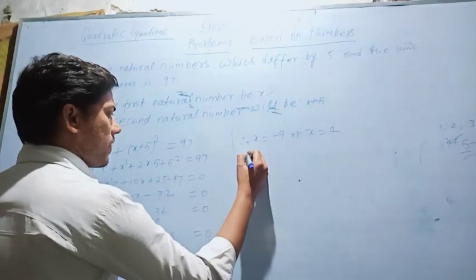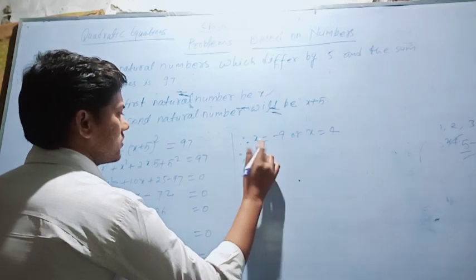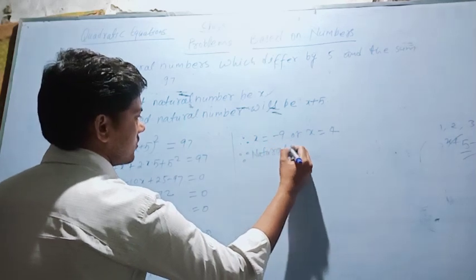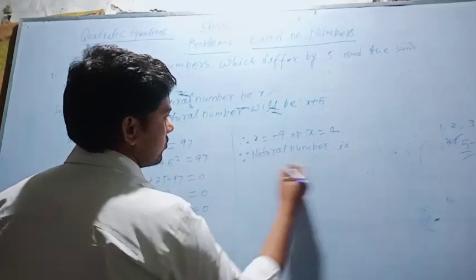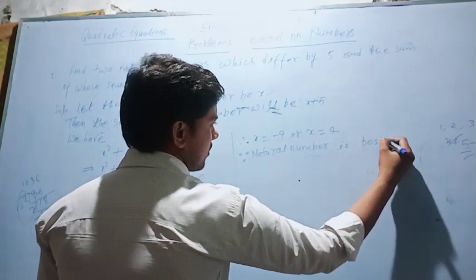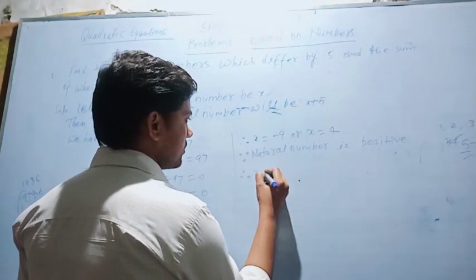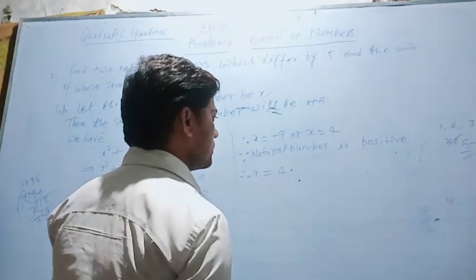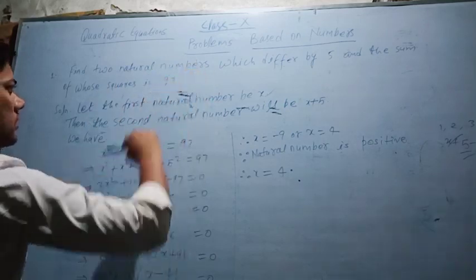Since a natural number cannot be negative, since a natural number is positive, therefore x is equal to 4 only. But we have to find two natural numbers.